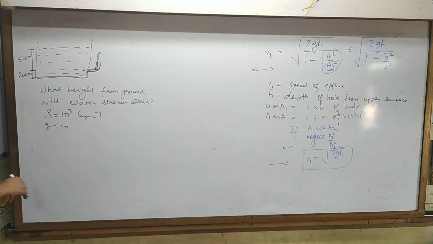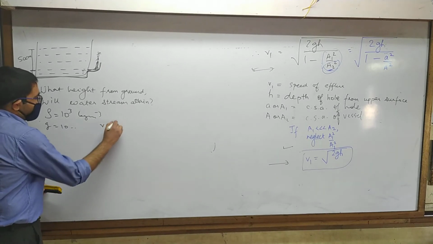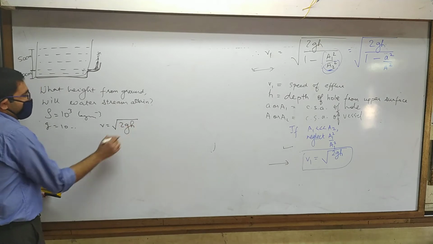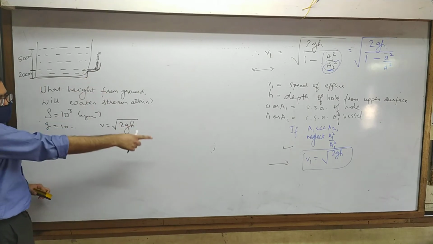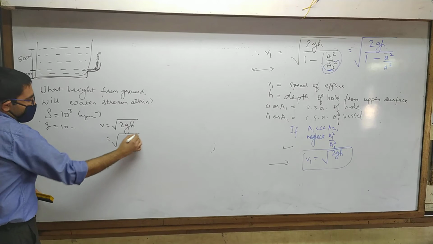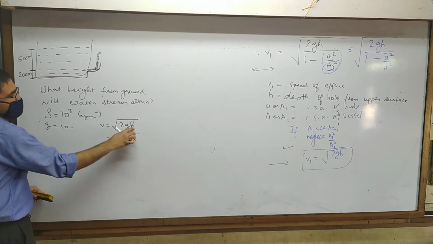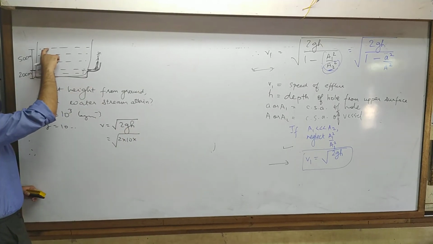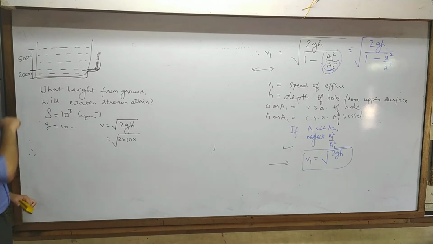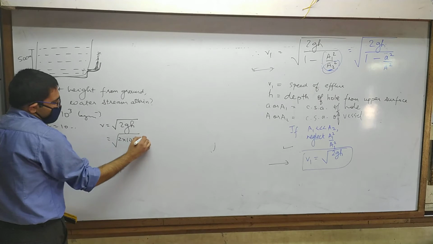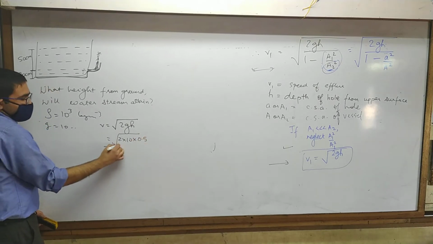Under root 10. How do we get that? V is equal to under root 2gh, with that speed it is going to come out. We're using that formula, so this will be root of 2, g is 10, and h actually stands for the depth of the hole from the surface. How much is that depth? 50 centimeters, so 0.5. So this is going to be root 10.